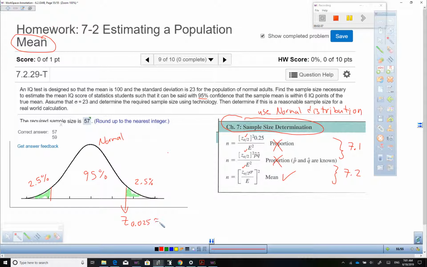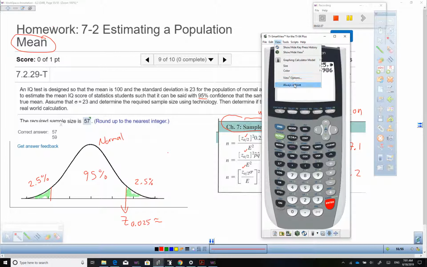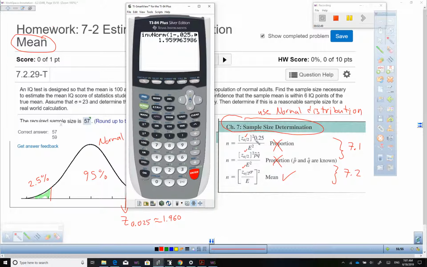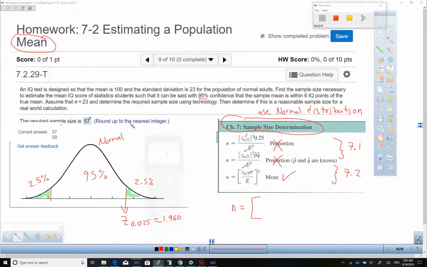So this critical value is 1.960. Now, once we have that critical value, to use this formula, we multiply that critical value by the population standard deviation, which is right here, and we also need the margin of error, E, and that part is right here.